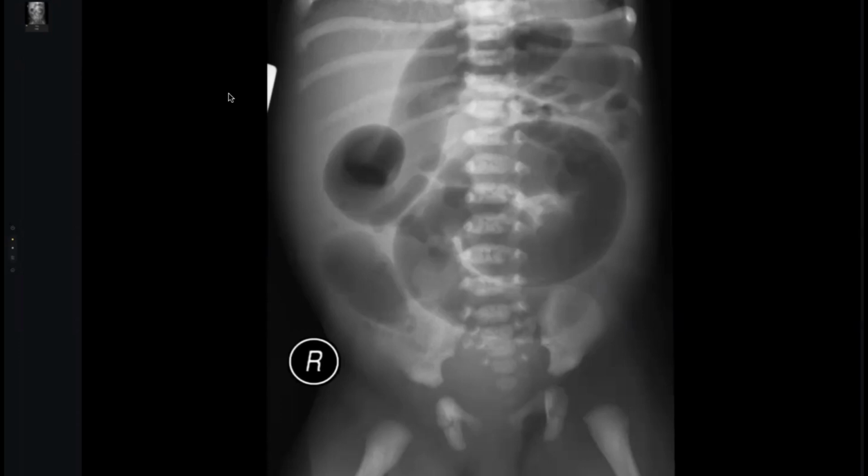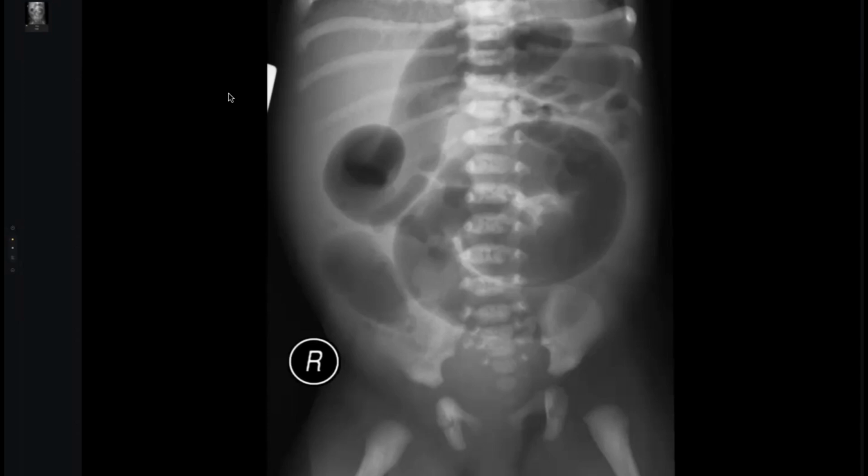Yes. So I am thinking about a meconium ileus.